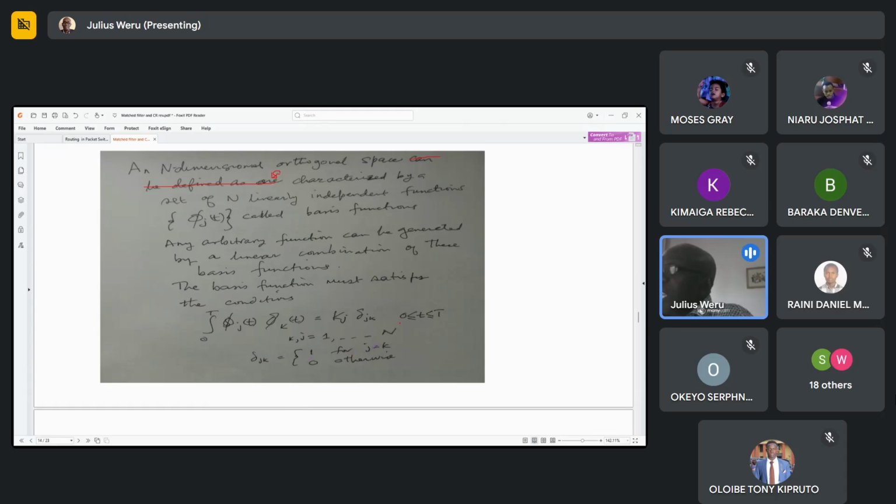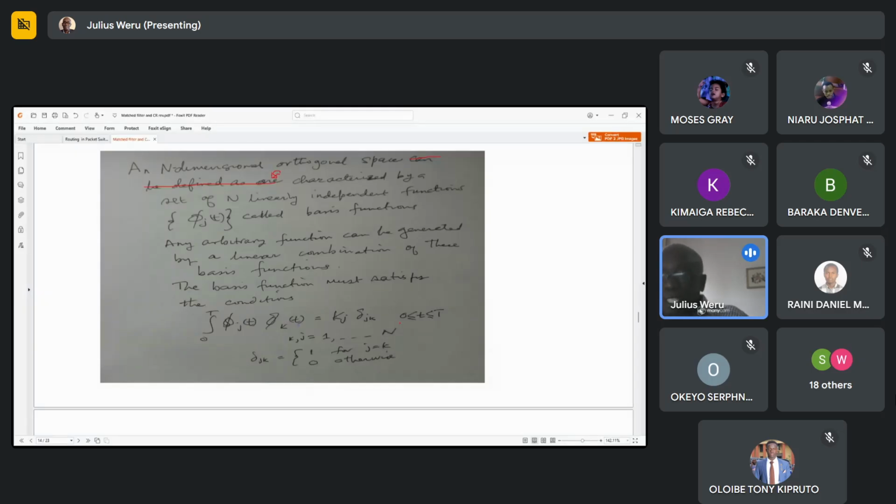We are saying it is 1 for j equal to k and 0 otherwise. What we are saying is if these are orthogonal, then if you do this operation, it's going to be 0, except when j is equal to k. j equal to k just means you're multiplying it with itself.